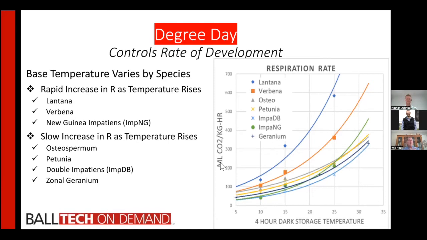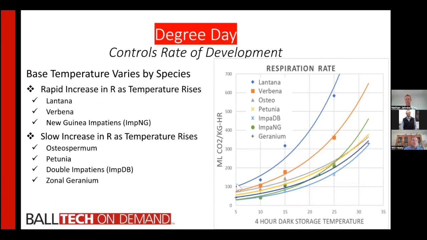So they ask, what is the respiration of this cutting at different temperatures? They looked at 5, 10, 15, 20, 25, 30, and 35 degrees centigrade, which of course we know is 40, 50, 60, 70, 80-ish, and then it just gets hot. And that looks at 4 hours of dark storage, and then what happens.